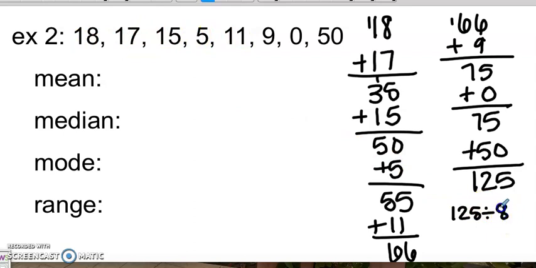So I divide it by 8, and 125 divided by 8 is going to give me 15.6. So the average is 15.6.